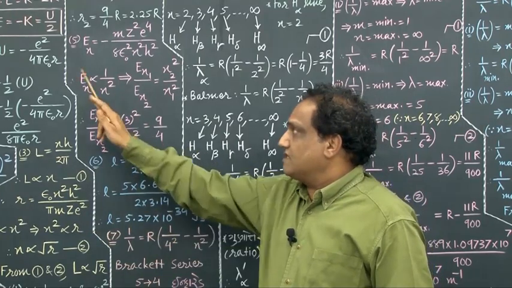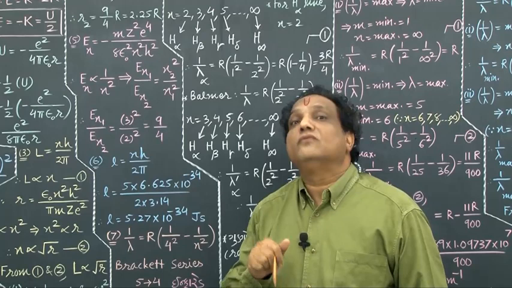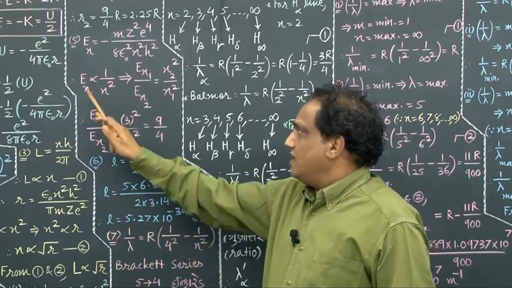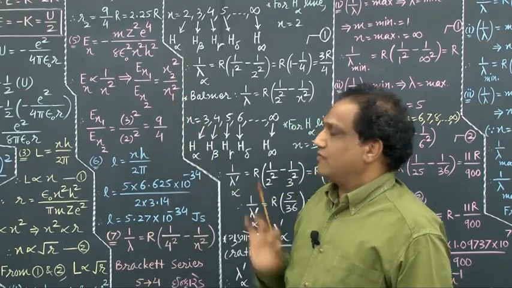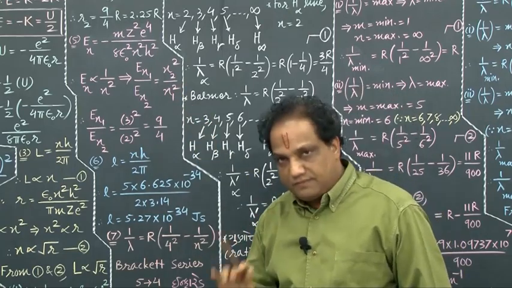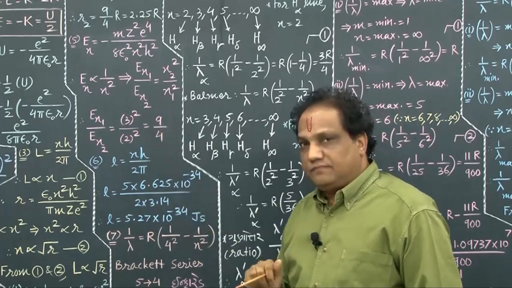Because it is inverse proportionality, then 1 to 2 1, En1 upon En2 will be equal to n2 square upon n1 square. Simple. Same ratio are written here. What is n1?